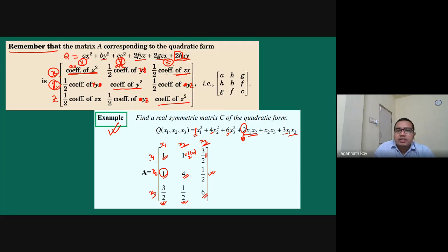Now, in the last class, we have seen if A is symmetric, a real symmetric, we are talking about real symmetric matrix, then we can find the eigenvectors.